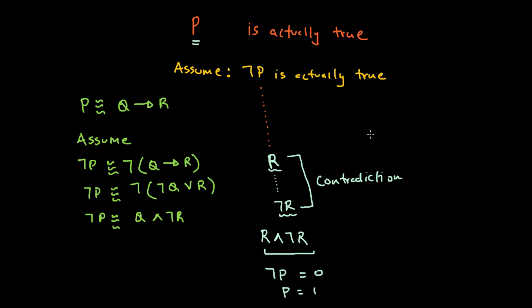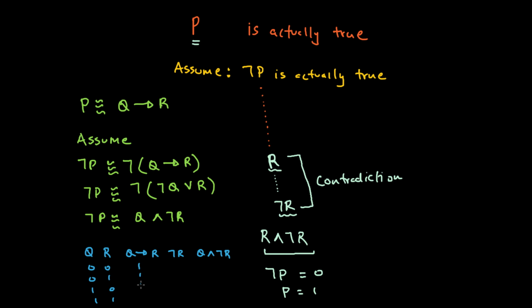By assuming that not P is true, let me quickly create a truth table here. Let's be consistent with our variables: Q, R, if Q then R, and what I need here is Q and not R. Let's get not R first, and then Q and not R. My truth table rows are 0 0, 0 1, 1 0, 1 1.